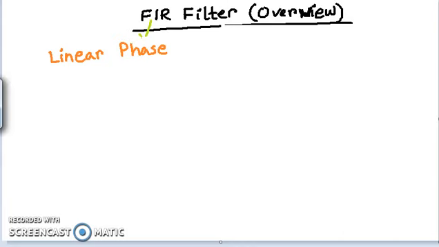We know that the transfer function of a FIR filter can be written with, as I have written, with bk. bk stands for basically the coefficients. These coefficients are impulse response values.